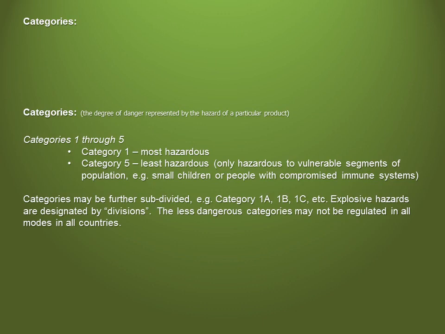Categories may be further subdivided, for example, Category 1A, 1B, 1C, etc. Explosive hazards are designated by divisions. The less dangerous categories may not be regulated in all modes in all countries.